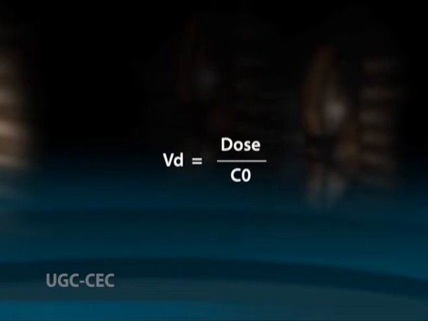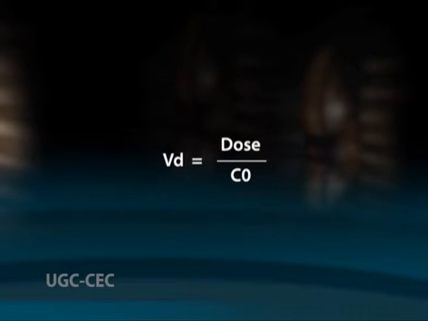The concentration of drug in plasma can be extrapolated back to time 0, the time of intravenous bolus, on the y-axis to determine C0, which is the concentration of drug that would have been achieved if the distribution phase had occurred instantly. This allows the calculation of Vd as Vd equals dose divided by C0.